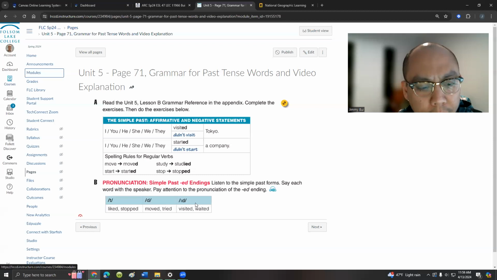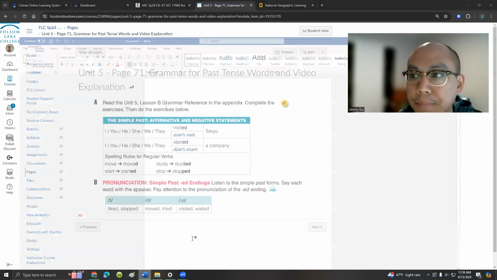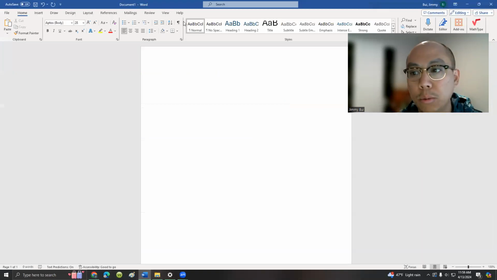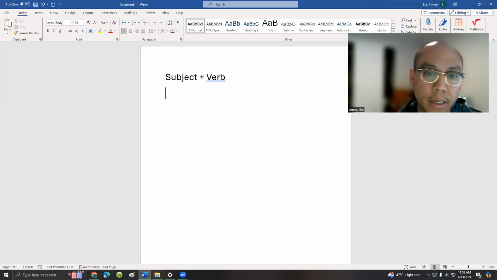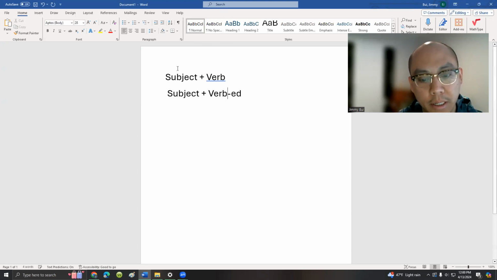So looking at first affirmative and negative statements for past tense words, what you have is subject plus verb, okay? And the general rule is for a positive or affirmative statement, you're going to add ed to the verb: subject plus verb, and add ed.